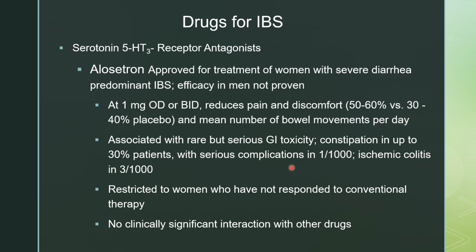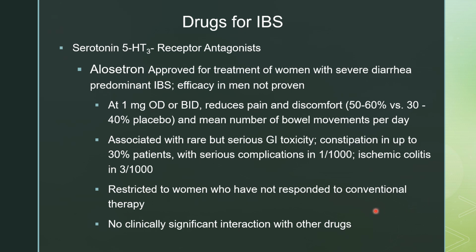There are associated but rare serious GI toxicities, like constipation in up to 30% of patients, and serious complications in around 1 in 1,000. The risk for ischemic colitis is 3 in 1,000. So the use of alosetron is restricted to women who have not yet responded to conventional therapy.